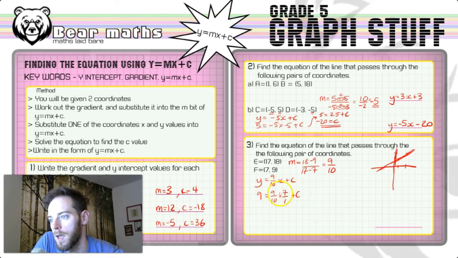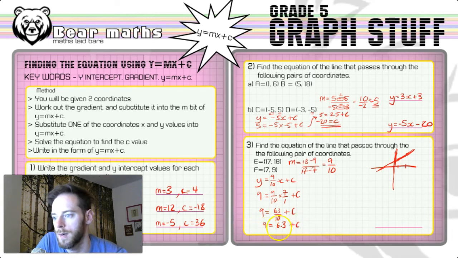Then we do the multiplying the fraction bit. So 9 times 7 is 63 over 10, and then plus the c. Now you might want to turn that into a decimal, because 63 divided by 10 is 6.3.